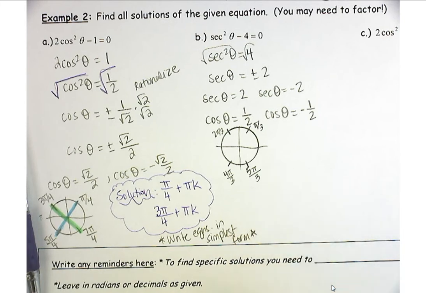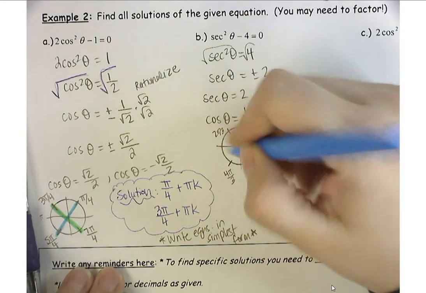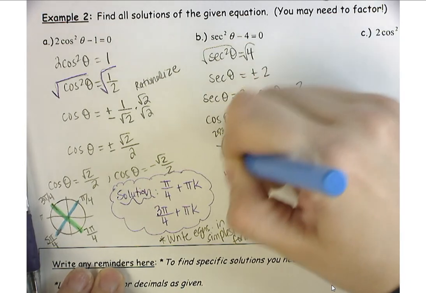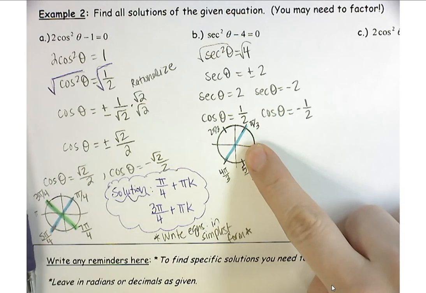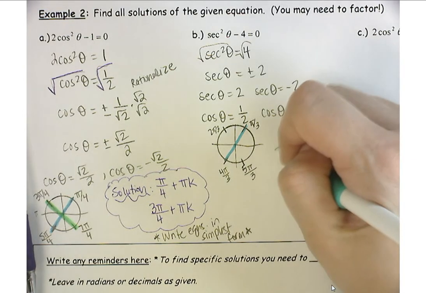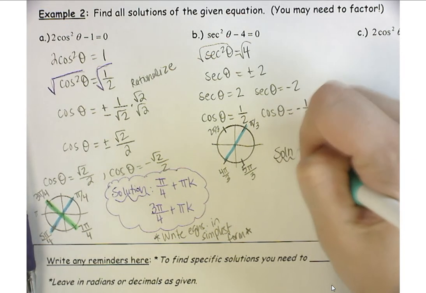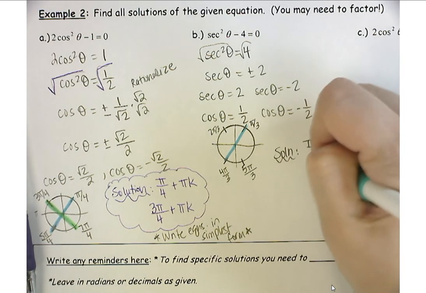But again, can you simplify your solution? Do you have 180-degree relationships? Yes. Okay, so like I said, I usually choose the first one that occurs. So I do the pi over 3. But you could very well do the 4 pi over 3.